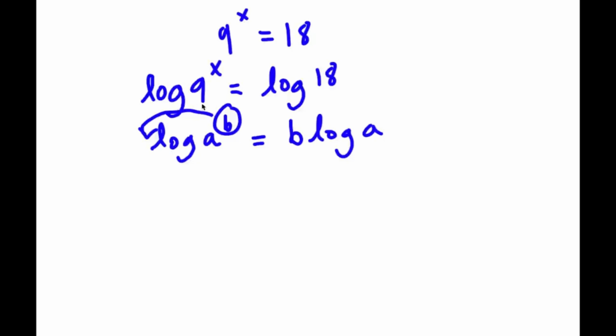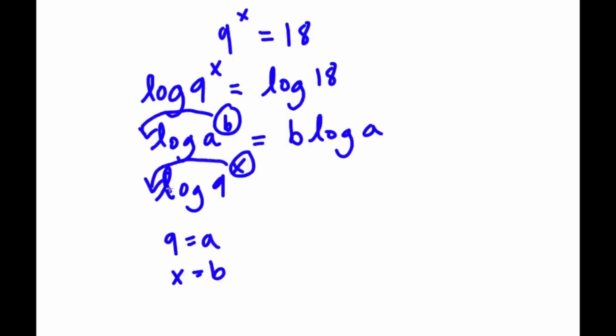So I'm going to use this property on log 9 to the power of x. We can think of 9 as a and x as b. So I'm going to move our x here to the front of the logarithm.